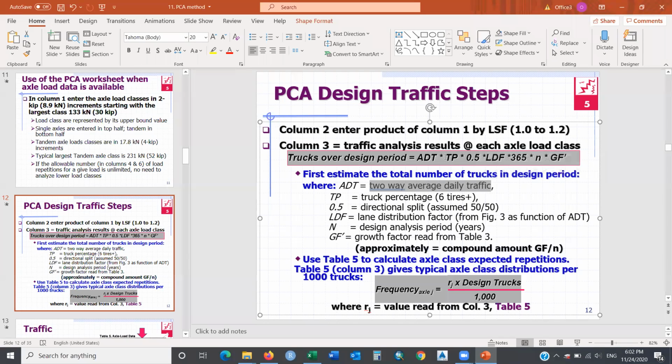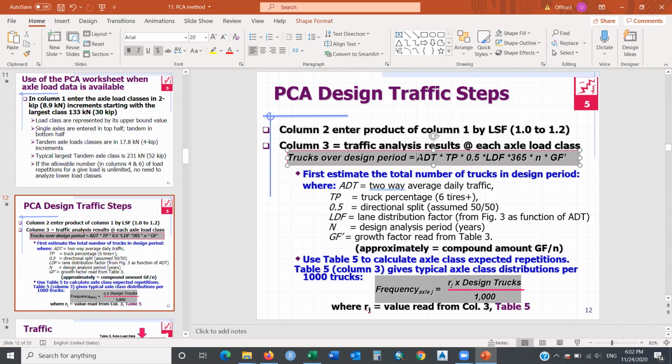You multiply that by the truck percentage. So that gives you the total number of trucks in the 2 directions, all lanes, and in 1 day. You multiply that by 0.5. That gives you the total number of trucks in 1 direction in 1 day.